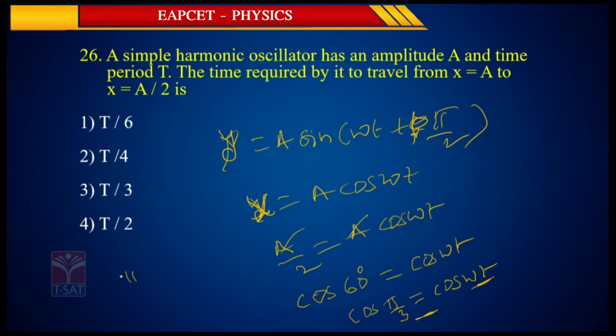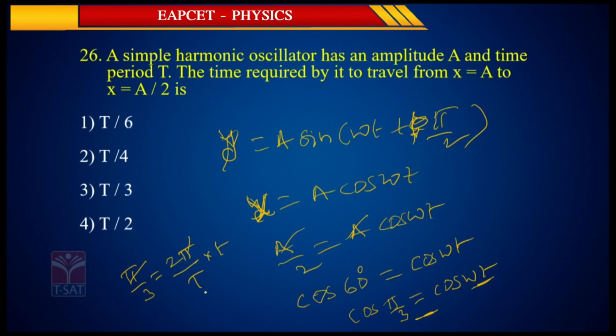Pi by 3 is equal to omega t. What is the omega? Angular velocity omega is equal to 2 pi by T, into t. Okay, here pi gets cancelled.